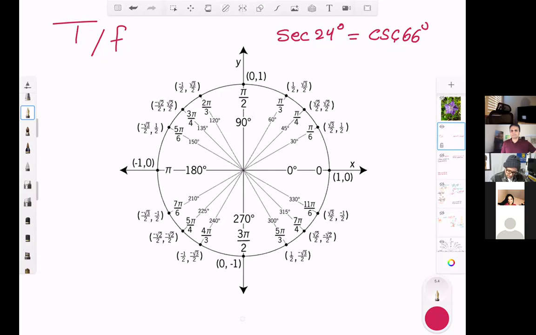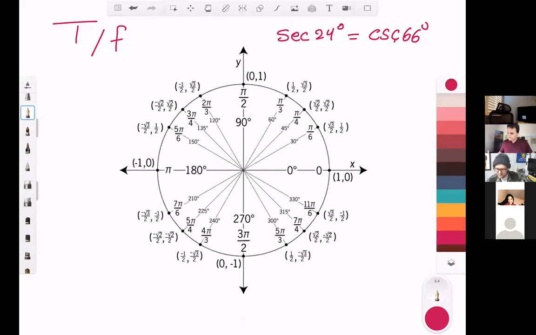Secant and cosecant are co-functions, correct? If we add 24 and 66, you get 90 degrees, therefore they're equal. So this is true.